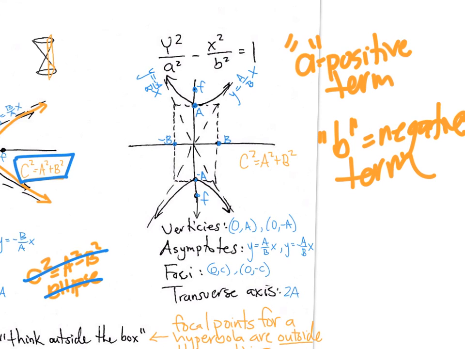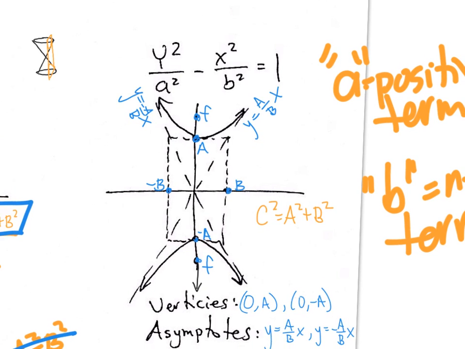Okay, so in this situation, we are going to go a units up and down from the center, and that's where our vertices will be. So the positive term determines where our vertices are.